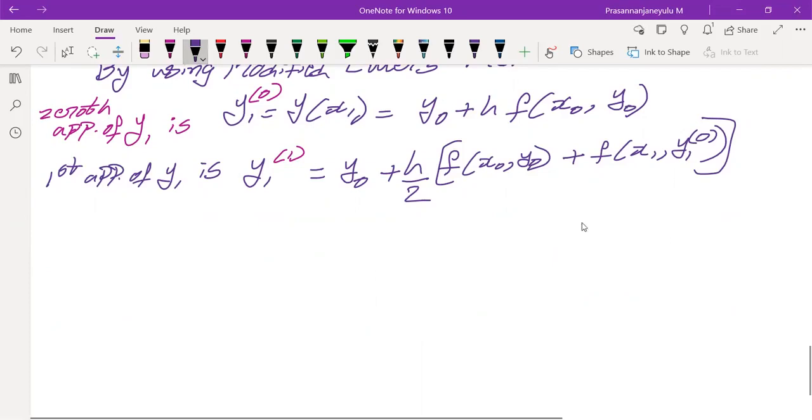In the same manner, we take the second approximation of y1.